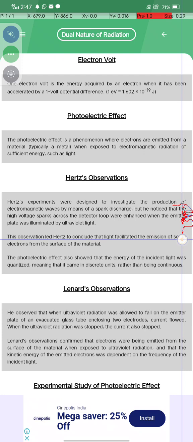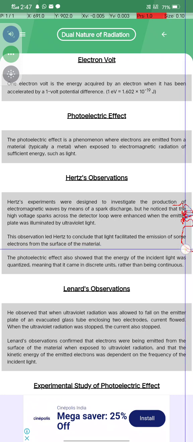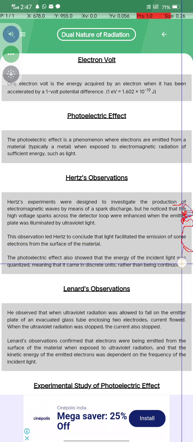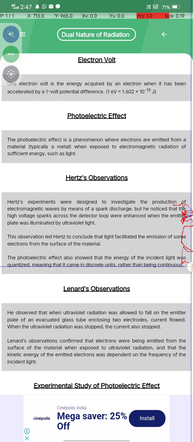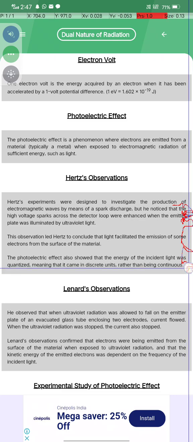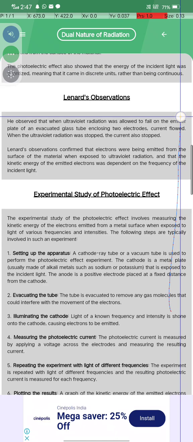Hertz concluded that light facilitated the emission of some electrons from the surface of the material. The photoelectric effect also showed that the energy of incident light was quantized, meaning it came in discrete units rather than being continuous.